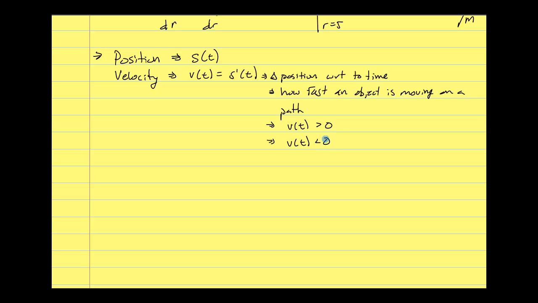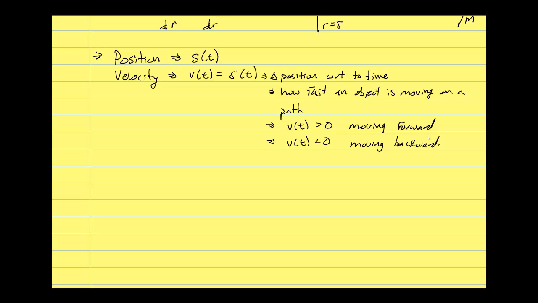And you think, well, wait a minute, how could I have a negative velocity? Well, positive velocity means my object is moving forward, and negative velocity means my object is moving backward.